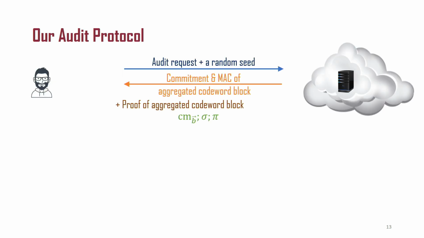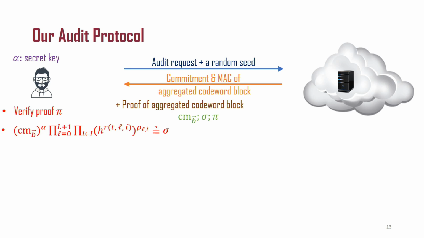So following the description before, the server now needs to send a proof of its knowledge about the aggregated code word block. And the client verifies this proof to be certain that the server stores real data blocks. The proof can be the aggregated block itself. However, if the data block is large, then the proof size is also large.